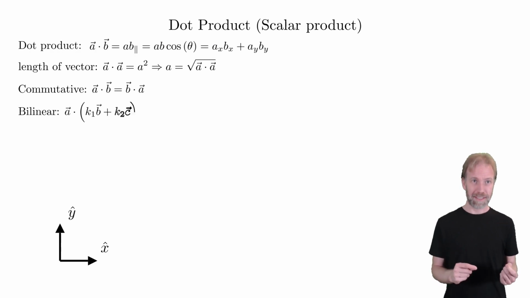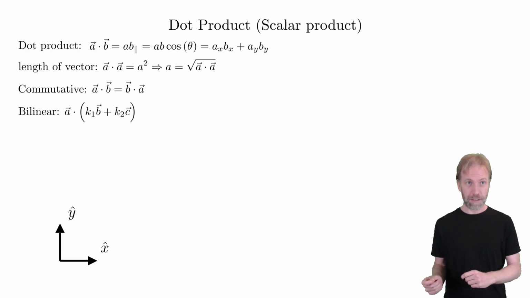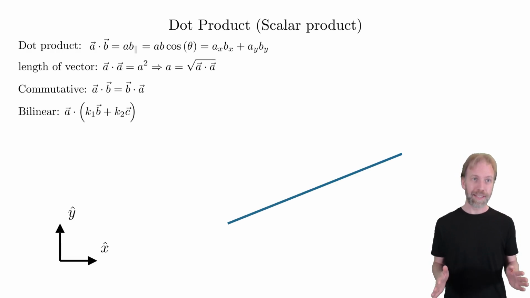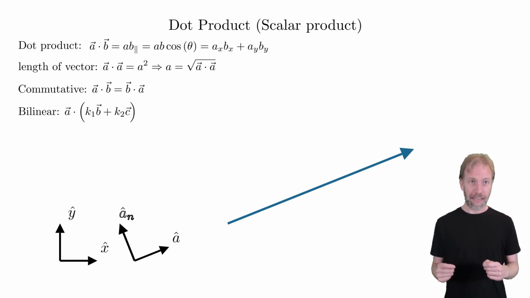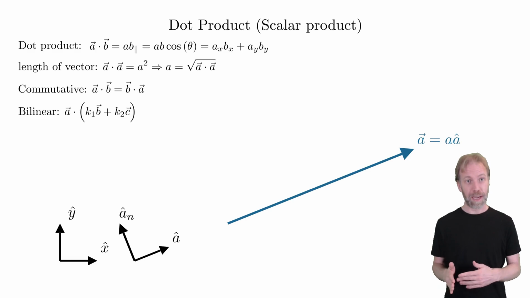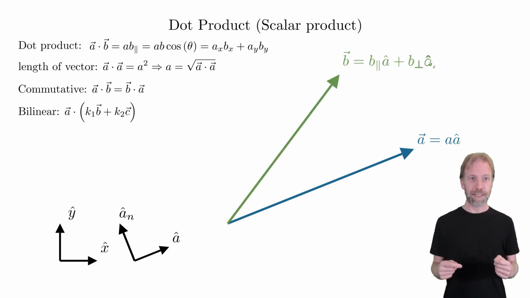Our next question is, what is the dot product of A with k1 B plus k2 C? To investigate, let's bring back our vector A and the unit vectors a hat and a n hat. The vector A will simply be its length A times a hat. Let's bring back vector B expressed in the unit vectors a hat and a n hat.